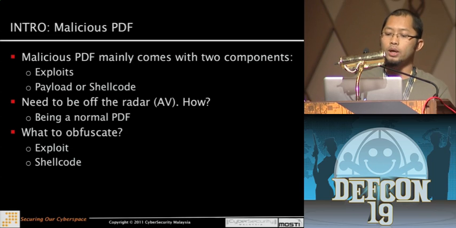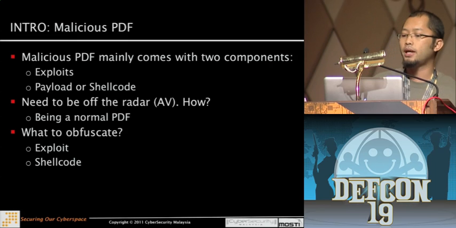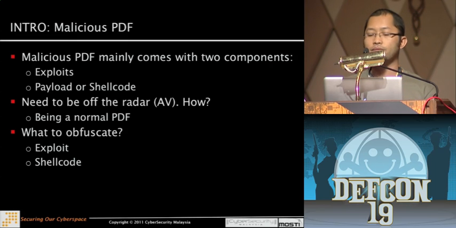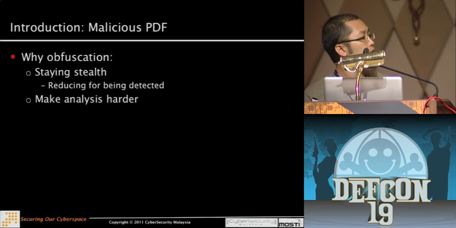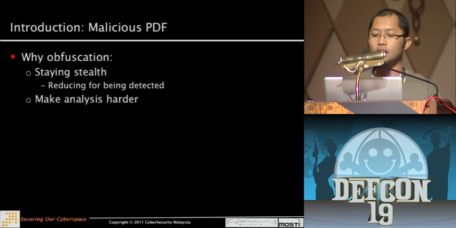What you want to obfuscate depends on what level you want to go. Normally, people just obfuscate the exploit, or they obfuscate the shellcode, but these two main components need to be obfuscated. Why obfuscate? Obviously, you want to stay stealthy and reduce being detected, and one of the goals is to make analysis harder.